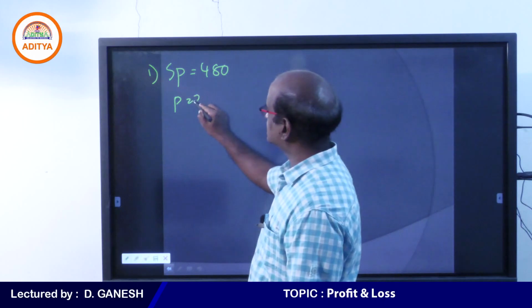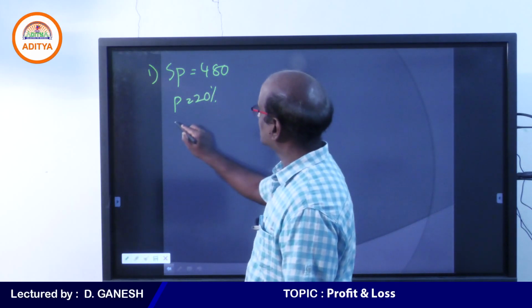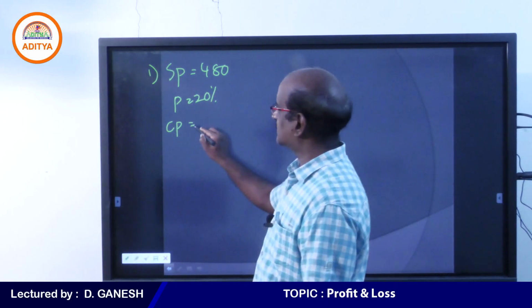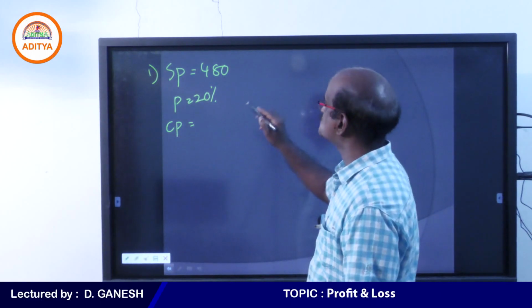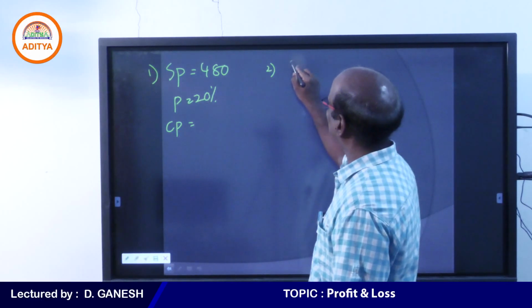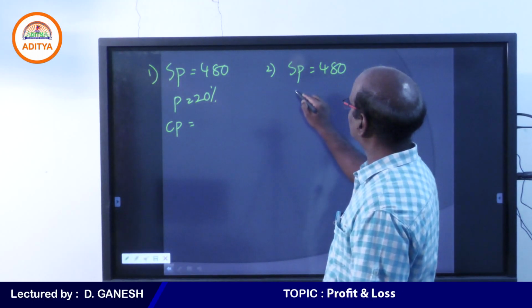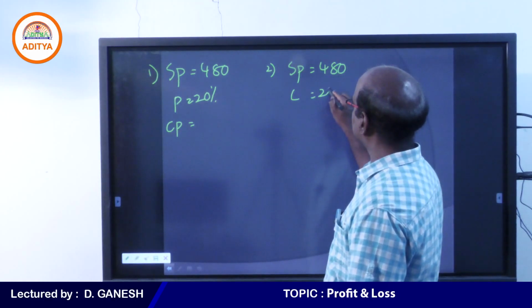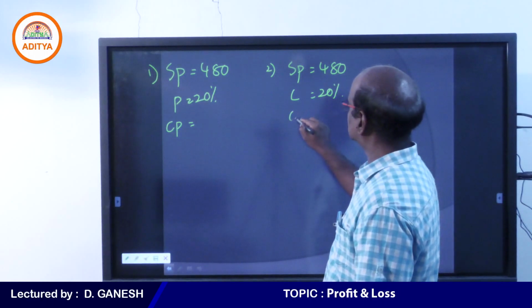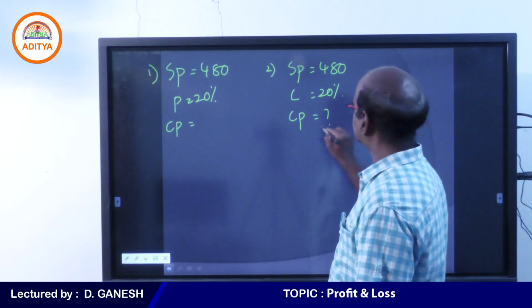Profit is 20%. Now you need to calculate cost price. By selling an article for 480 rupees, if you lose 20%, what should be the cost price?